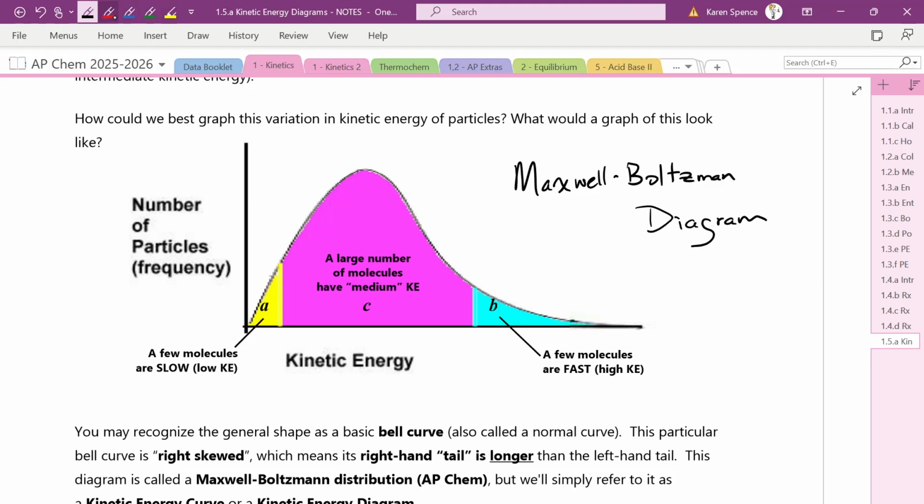Now, a large number of molecules. Basically, the area under the curve represents the number of particles. You may recognize the general shape as a basic bell curve.